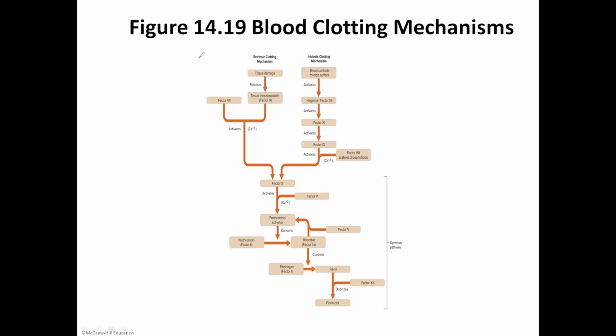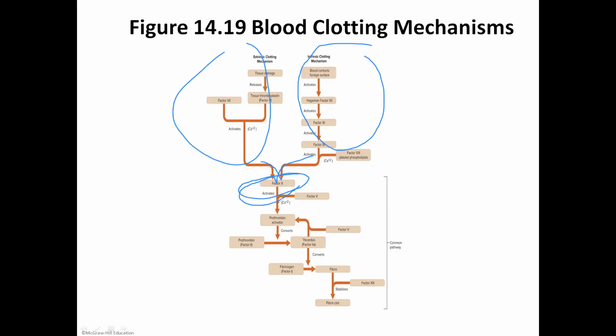But what you'll notice, you have this extrinsic factor, you have this intrinsic factor, and what happens is they converge at this same spot, this factor 10. And then again, this allows for prothrombin to go to thrombin, which allows fibrinogen to convert to fibrin, which helps with actually making that fibrin clot.